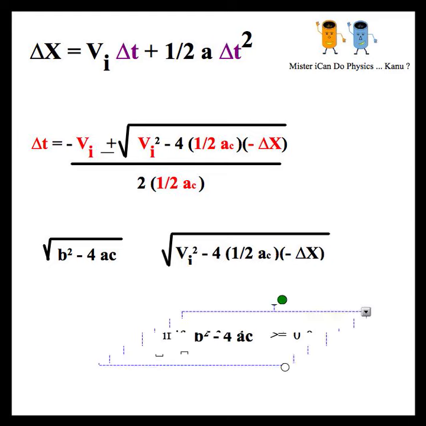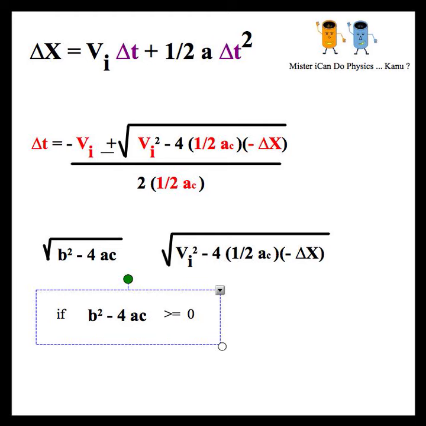Now, if our value for b squared minus 4ac is greater than or equal to 0, we will have 2 real roots to our equation. And in most cases, those 2 real roots will provide us with values for delta t, at least one of which will make sense physically for our problem.